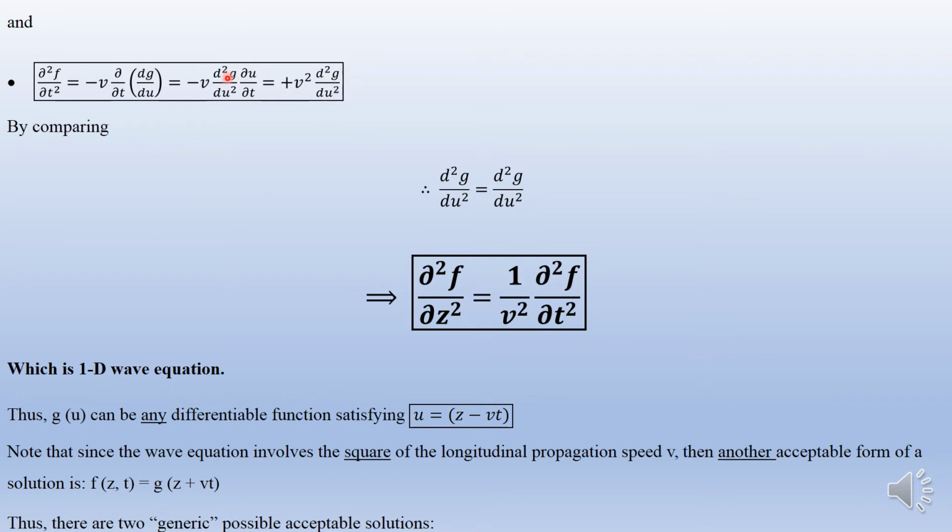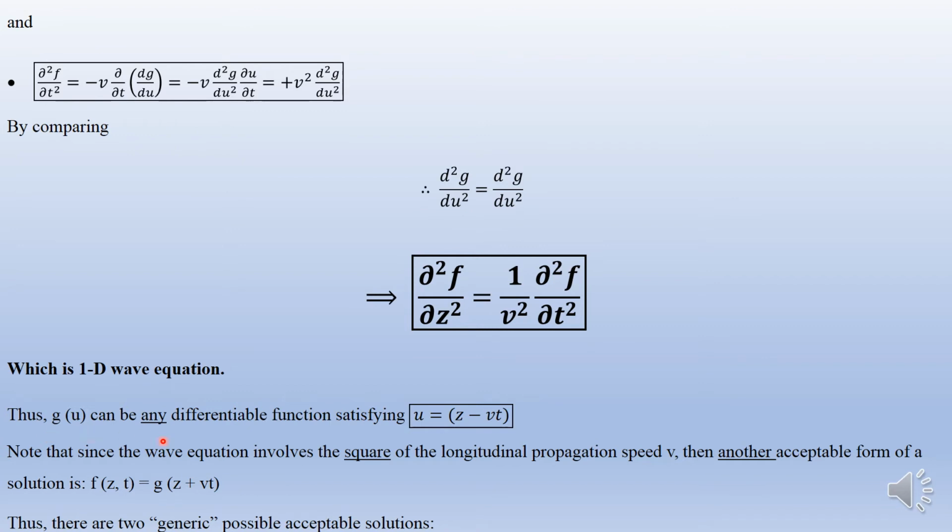So by comparing that equation and the first one, we conclude that ∂²f/∂z² = (1/v²) ∂²f/∂t², which is the one-dimensional wave equation.